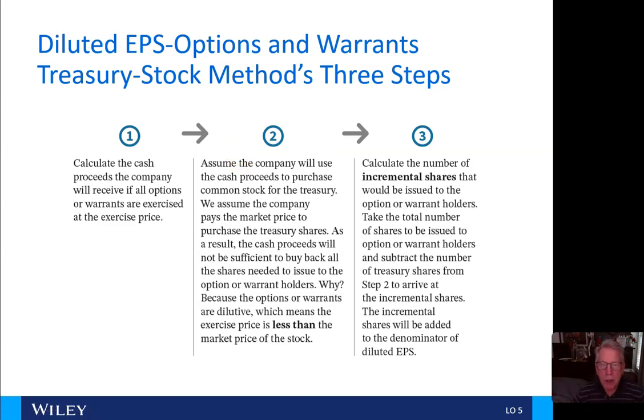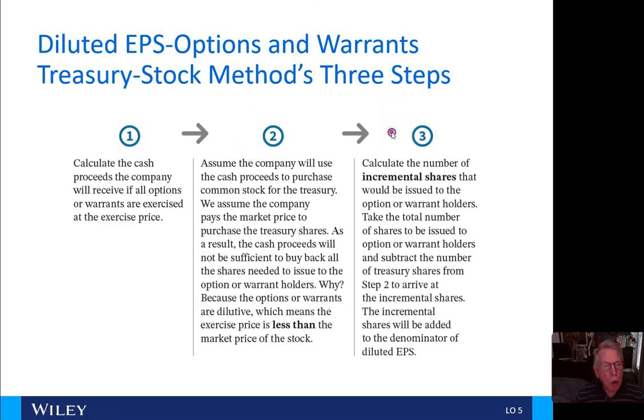We assume the company pays the market price to purchase the treasury shares. As a result, the cash proceeds will not be sufficient to buy back all the shares needed to issue to the option or warrant holders. Why? Because the options or warrants are dilutive, which means the exercise price is less than the market price of the stock.